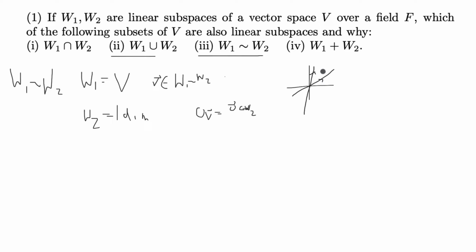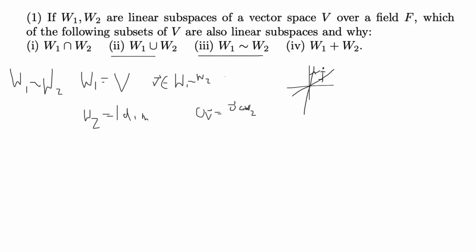If we take V1 from W1 and V2 from W2, and you add them, as long as they're not zero, you see that they'll give you something that is in neither of the spaces. For instance, you can do this very explicitly to give a counterexample. With that, we've shown that both these are not linear subspaces because they're not closed under vector addition and scalar multiplication.